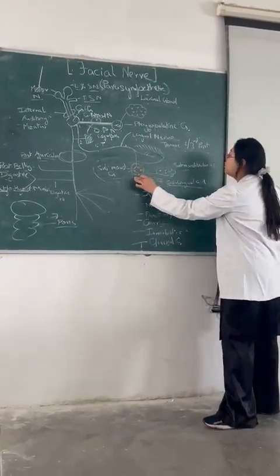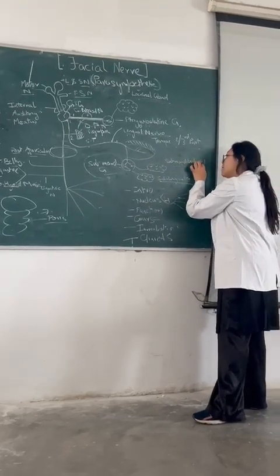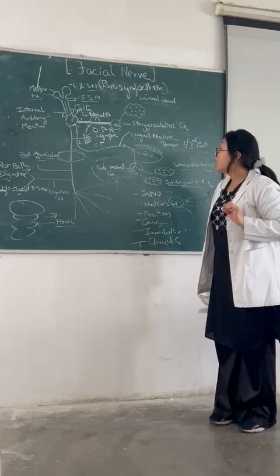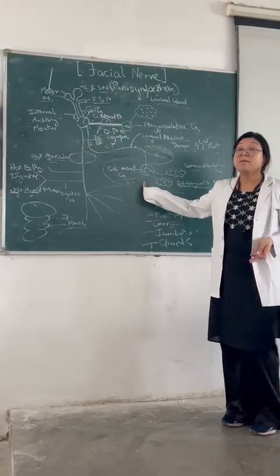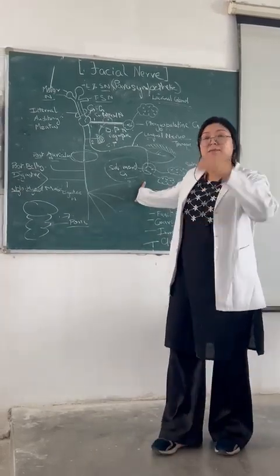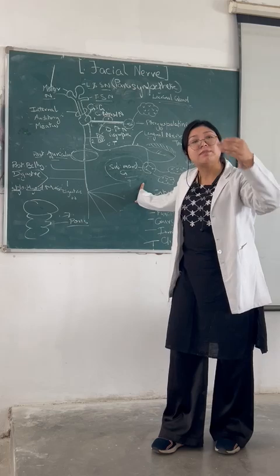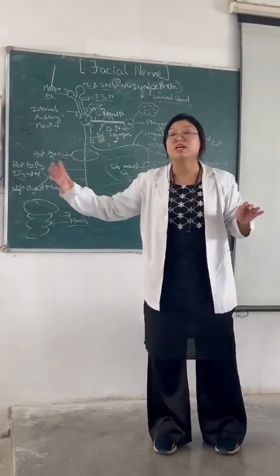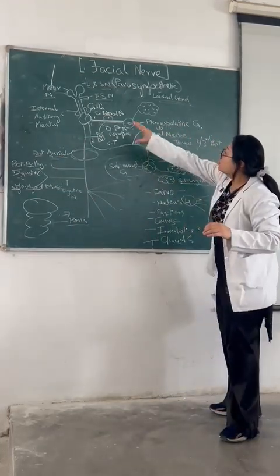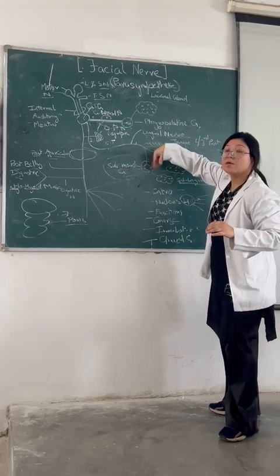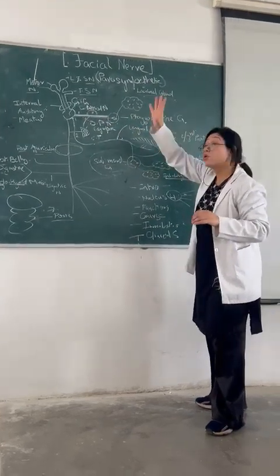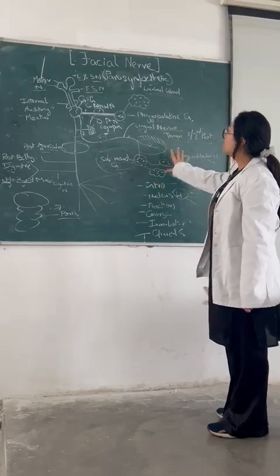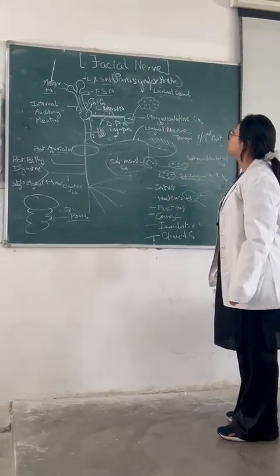So this further goes and supplies the submandibular and sublingual glands. We have three major salivary glands: the parotid, the submandibular, and the sublingual. The parotid is supplied by the glossopharyngeal. When we read, you're going to correlate this topic. Right now, let's just focus on the facial nerve.